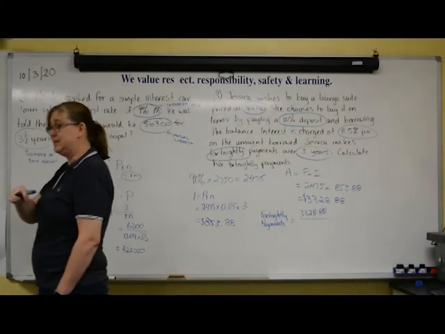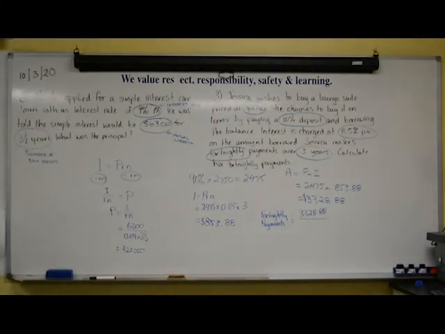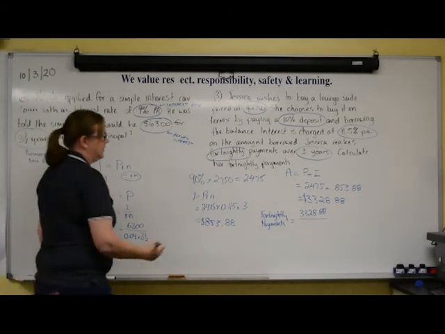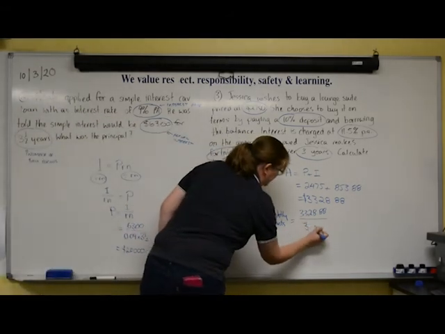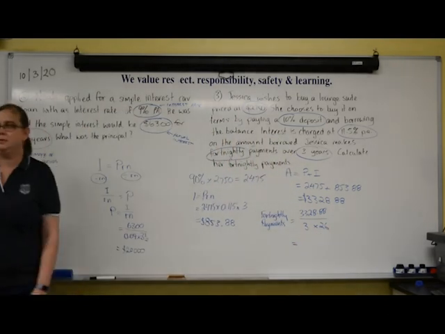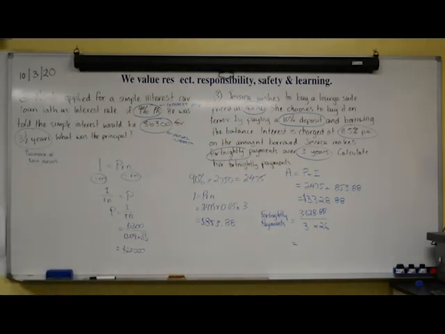Now it's 3 years and fortnightly payments. How many fortnights are there in a year? 52. No, that's weeks. 26. So we're going to have 3 lots of 26, which is 78.